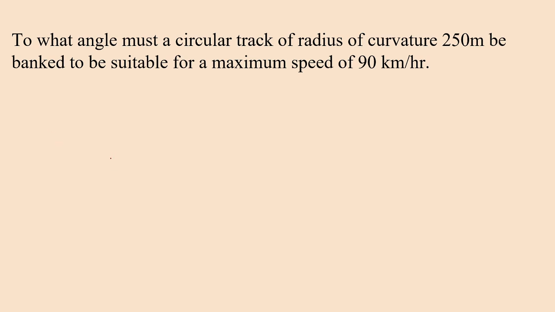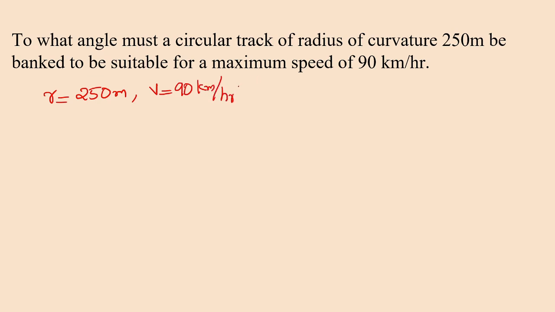Okay, here we are asked to find the angle of banking. For that we are given the radius of curvature, that is equal to 250 meter, and the required optimum speed, v equal to 90 kilometer per hour.